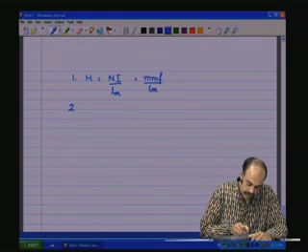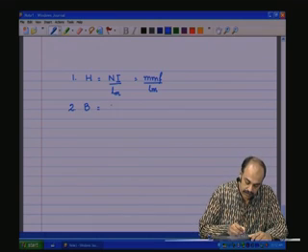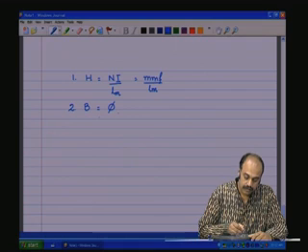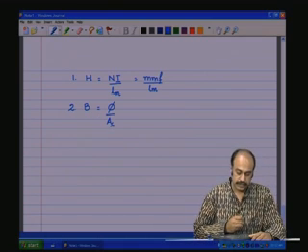Now, the second is the flux density B, which is given by the flux in the core per unit cross section area.